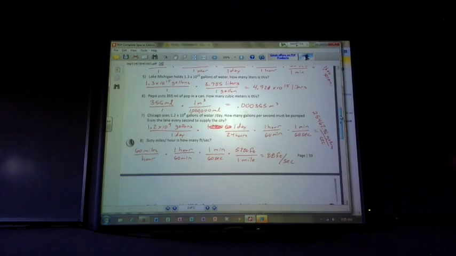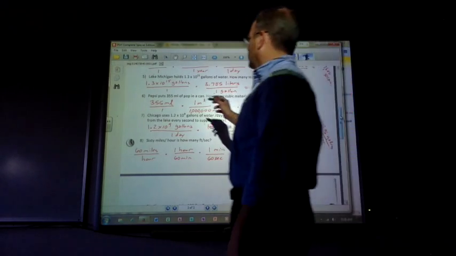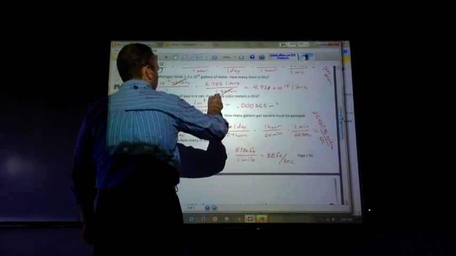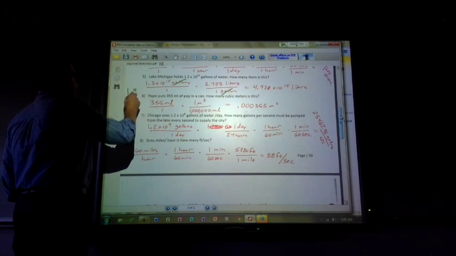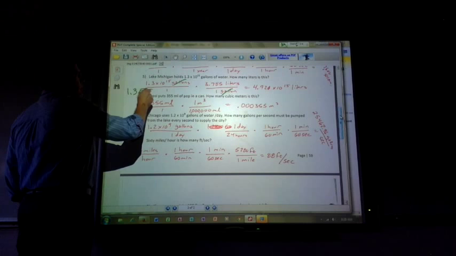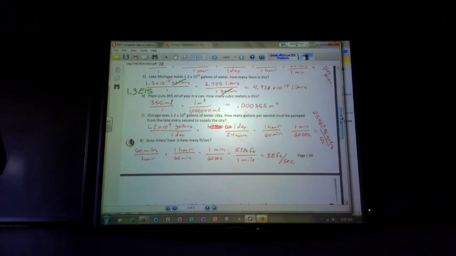Lake Michigan holds 1.3 times 10 to the 15 gallons of water. How many liters is this? Well, again, you have to realize that there are 3.785 liters per 1 gallon. So you're just going to multiply straight across. On most calculators, to enter 1.3 times 10 to the 15 you can use the EE button, if you have the TI-84, 83, 86, or 89.